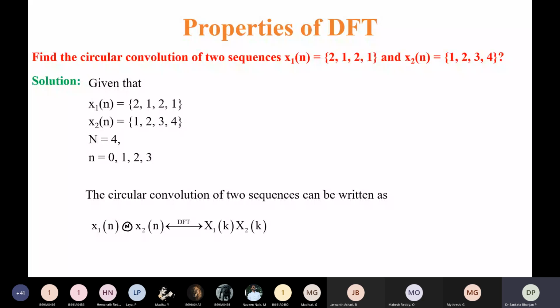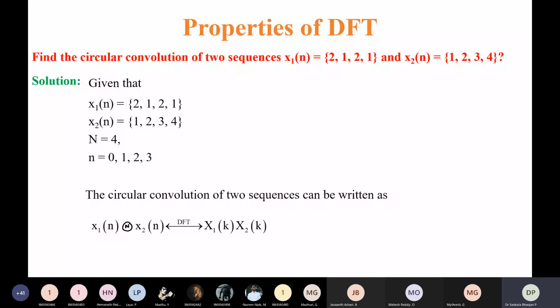First is the general method. After that, the concentric circle method, which we can also call the graphical method, and the last one is the matrix method. So these are the methods we discussed for finding the circular convolution.